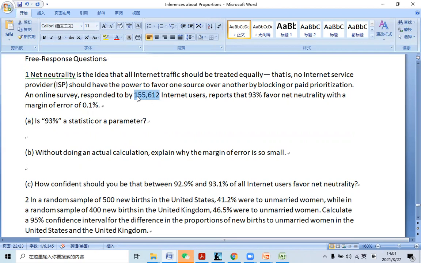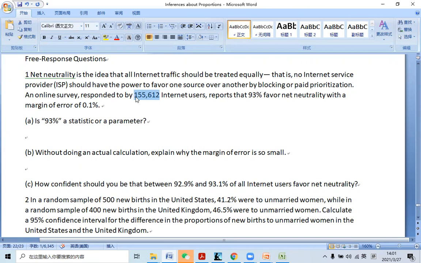When your sample size is large, standard deviation is small. Margin of error is related to a standard deviation.